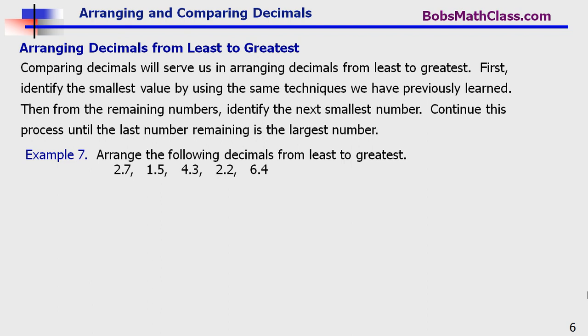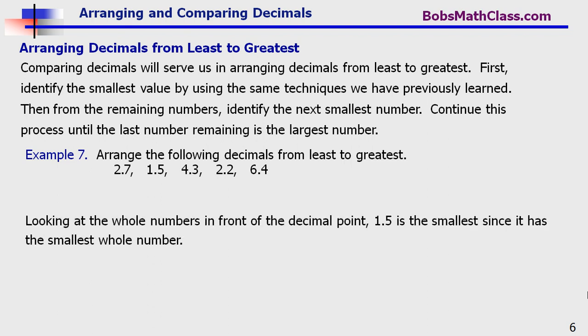Let's look at the whole number. Looking at the whole numbers in front of the decimal point, 1.5 is the smallest, since it has the smallest whole number. So we'll list that number first. Now we'll look at the next smallest number. What's the next smallest number after 1.5? Which one has the smallest whole number?